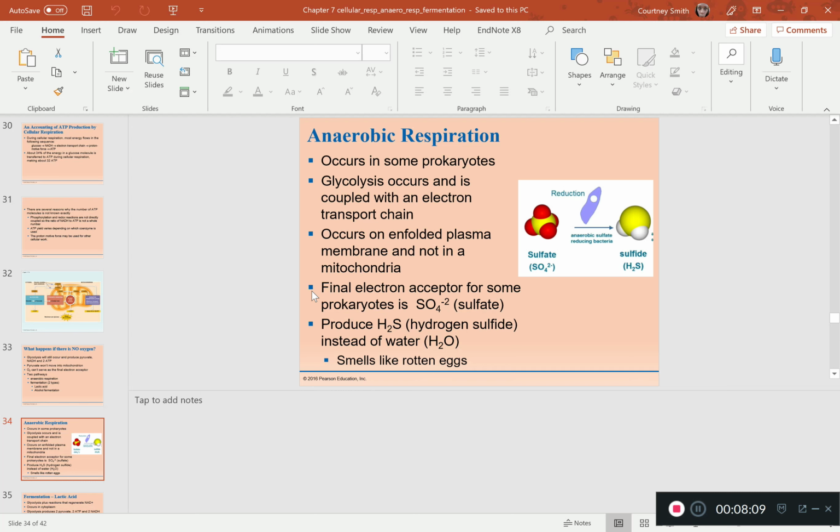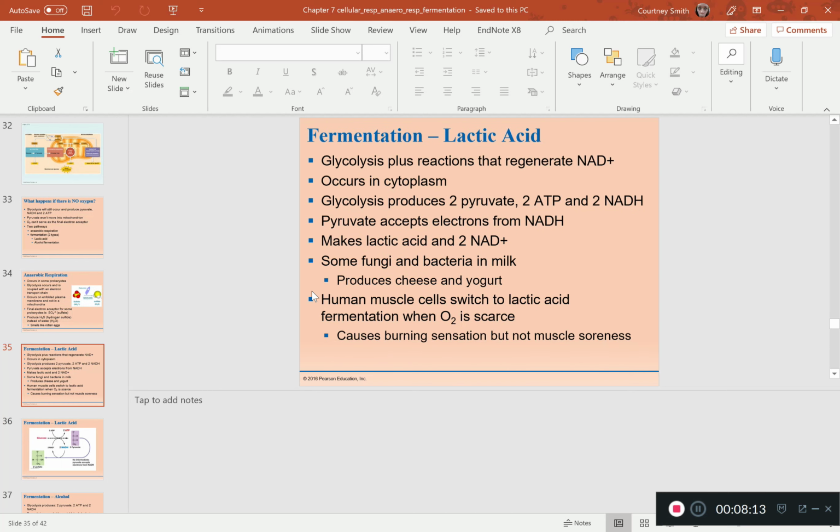Okay, so with that, the next question is, what is fermentation? There are 2 different types of fermentation. We're going to talk about lactic and alcoholic. But before we do that, in general, fermentation is like cellular respiration in that it begins the same way, because they both have glycolysis.